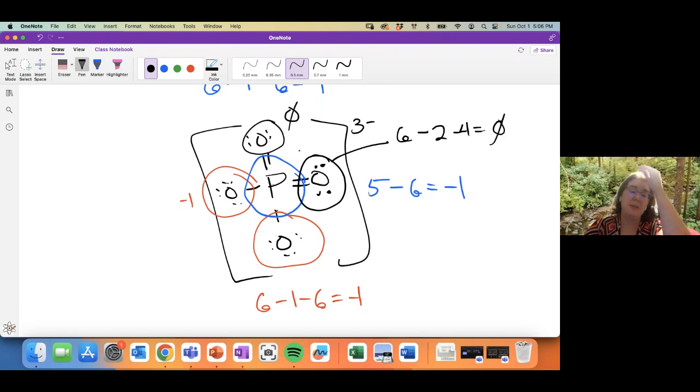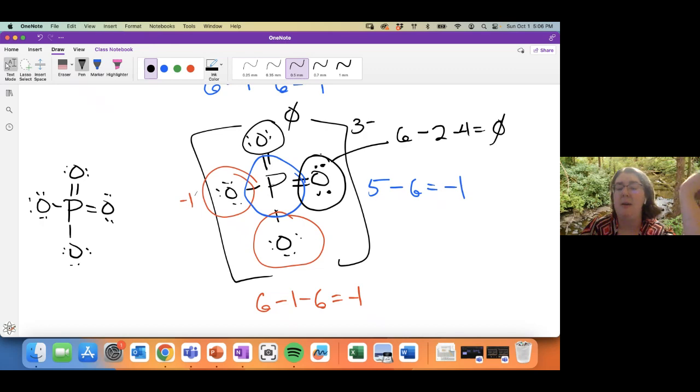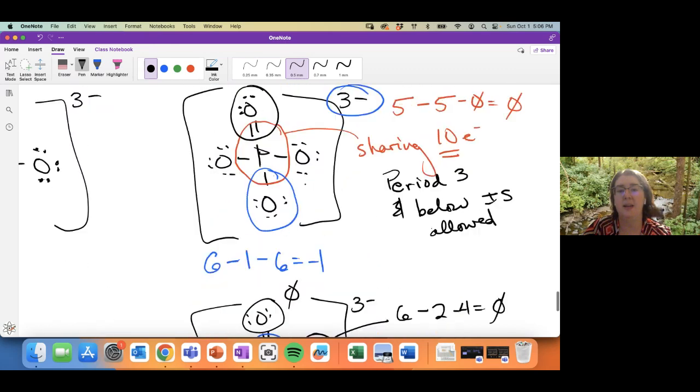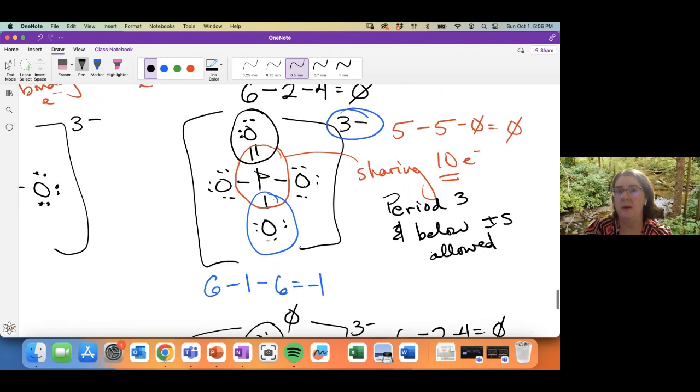So the hard thing with this structure that I realized I scribbled all over, it has 2 double bonds, it has 2 single bonds. Now I have a new problem to decide between, which is the new one also has 2 zeros and 3 -1s. The difference is now I have a -1 on the phosphorus, and before I had a -1 only on oxygen.